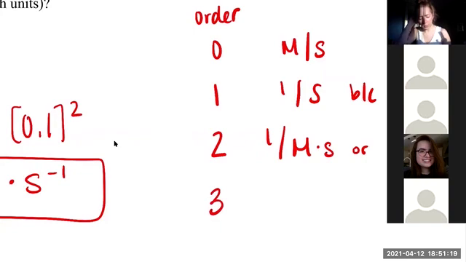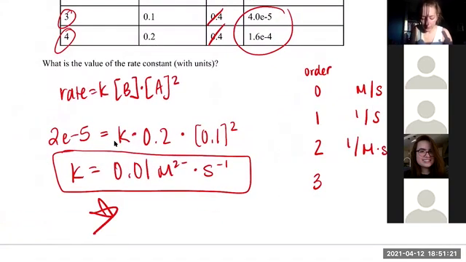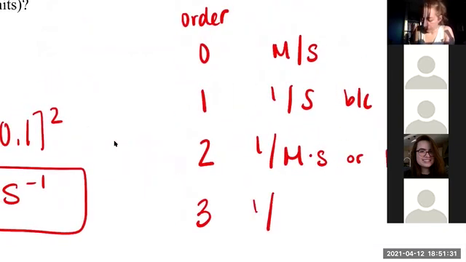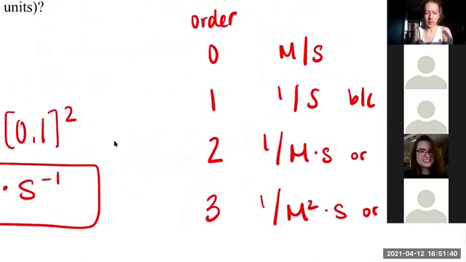For third order, which we see right here, because we have 3 reactants, one thing's second order, one thing's first order, it's 1 over molarity squared times seconds, or this. Okay.